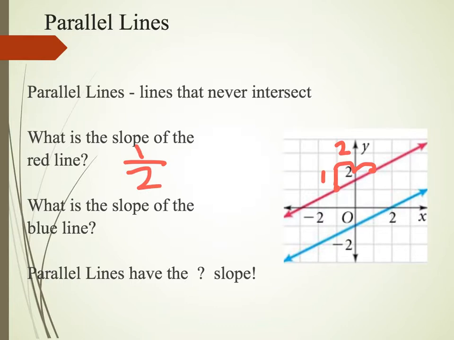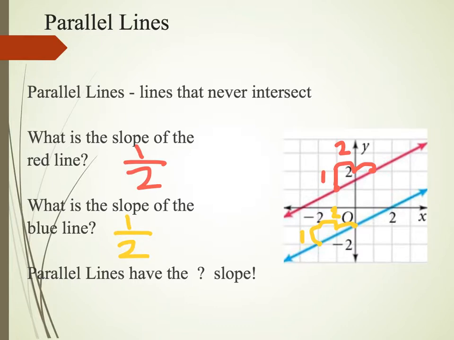My slope is 1/2. The next question says, what is the slope of the blue line? So once again, I pick 2 points on my line. So I have to go up 1 and then to the right 2. So 1 over 2 as well.